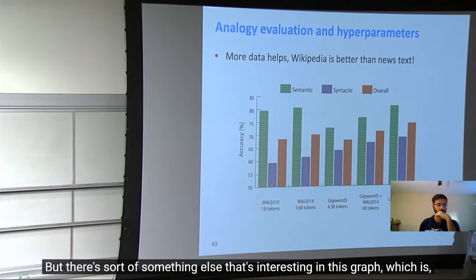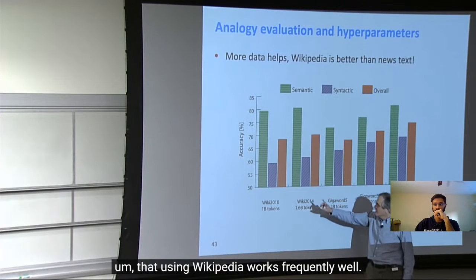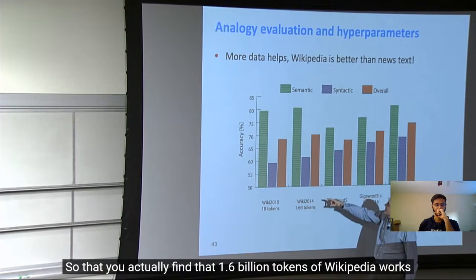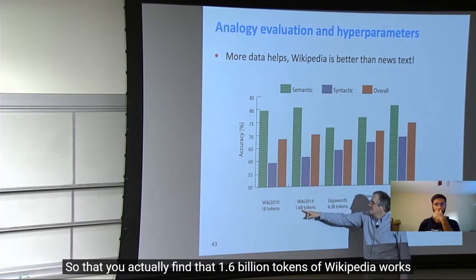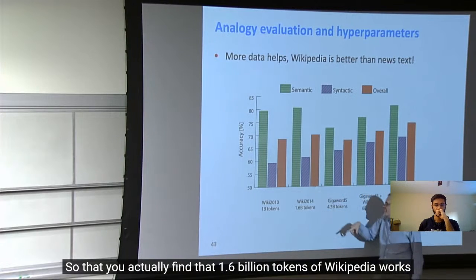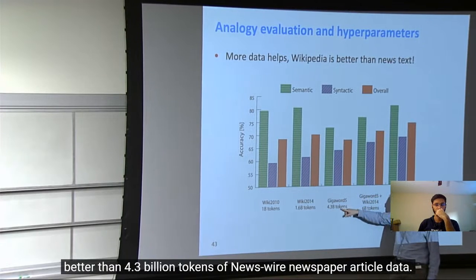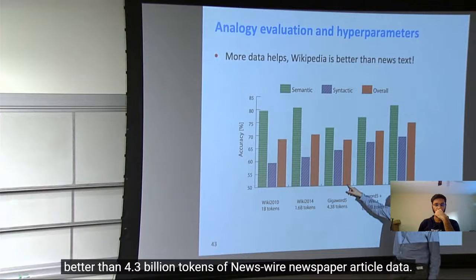But there's something else that's interesting in this graph, which is that using Wikipedia works freakily well, so that you actually find that 1.6 billion tokens of Wikipedia works better than 4.3 billion tokens of Newswire, newspaper article data.